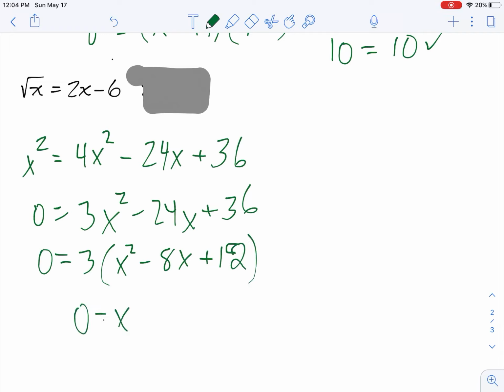Okay, so I'll just divide both sides by 3 and get rid of that 3. So I'm just factoring the x squared minus 8x plus 12. So x minus 6, x minus 2. All right, my solutions are 2 and 6. I need to check those.